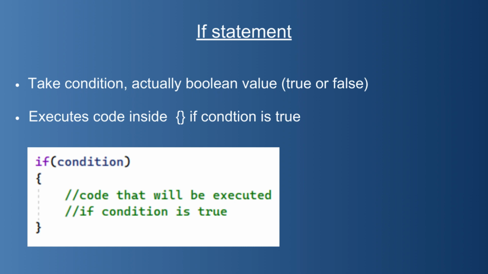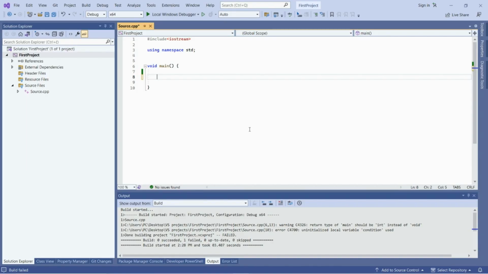Let's move now on to conditional statements. First statement that I'm going to cover is if statement. That statement takes condition and executes code inside curly brackets if that condition is true. So you need this if keyword, to put condition inside brackets, and to put code that will be executed if condition is true inside curly brackets. Let's test this in C++.